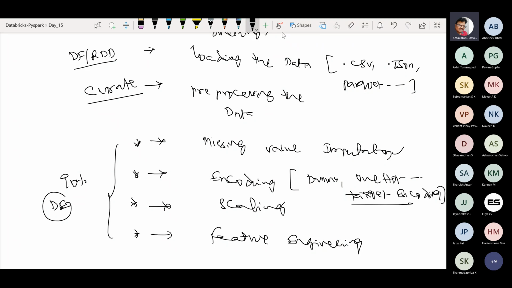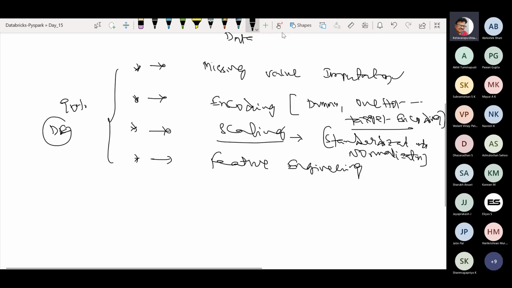Scaling, I'll take some examples, guys, in the upcoming session tomorrow, like standardization and normalization. Most frequently used constructs, standardization as well as normalization, which come under the category of scaling.